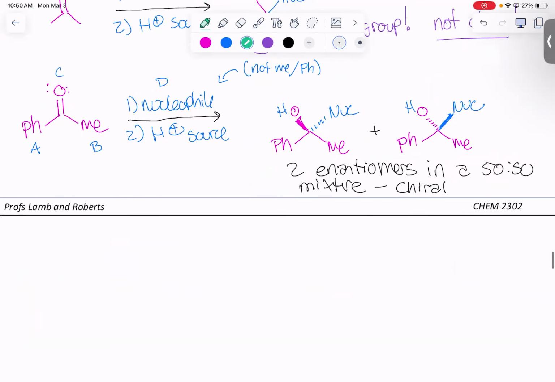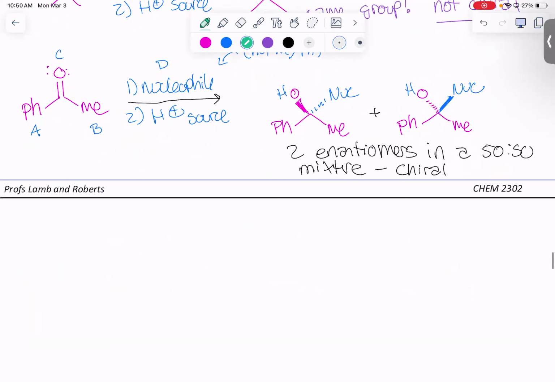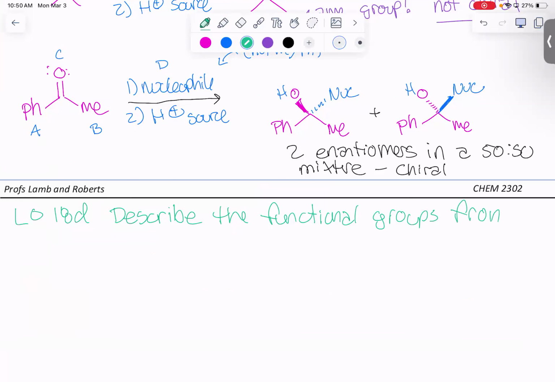So I'm going to introduce you to some functional group names. All right, so our learning objective 18D is to describe the functional groups formed from reactions of aldehydes and ketones.